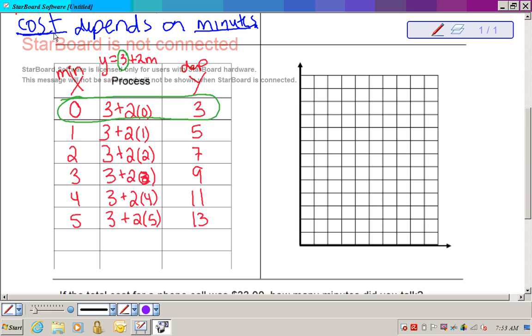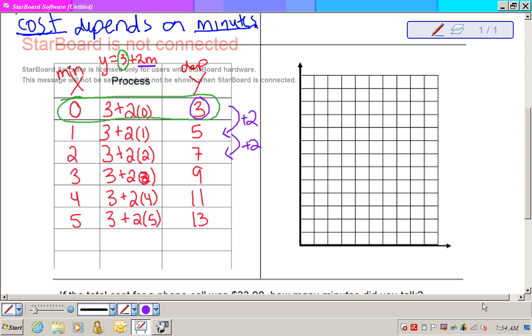The other thing I want you to notice, like we've been doing in class, is the common difference: 3 to 5, we're adding 2. 5 to 7, we're adding 2. Each time we're adding 2. So this is a lot like that 2x we've been doing. We find time 0, our original start, and then our common difference is the number that's multiplied by the independent variable.